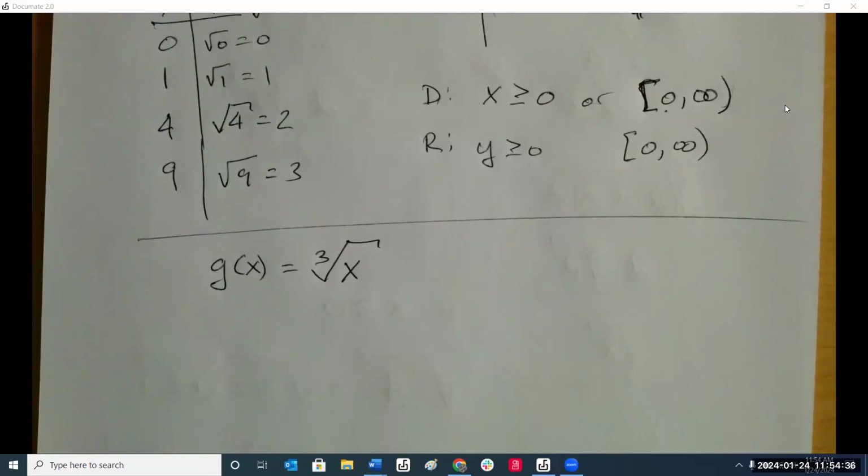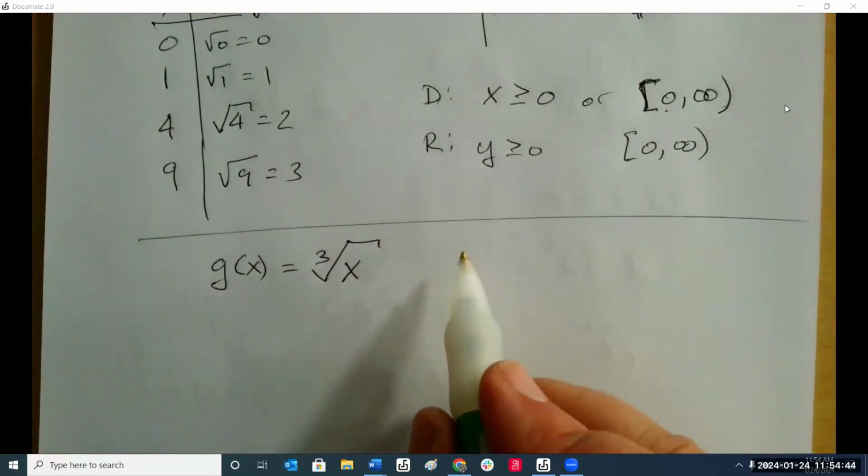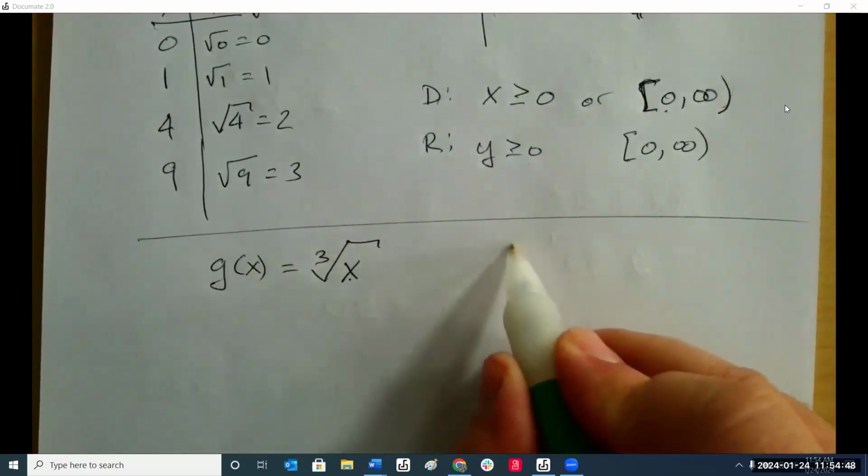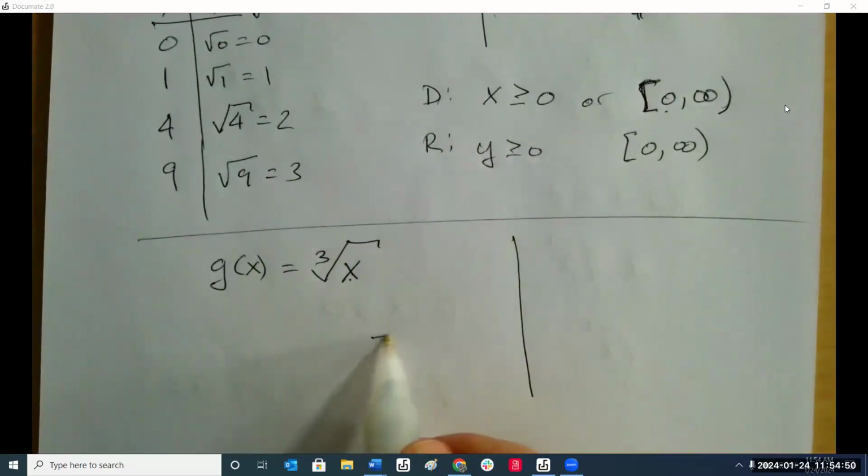How about the cube root function? Yeah, our domain and range, because we can put negatives in there, we can put 0 and positive. So let's look at the graph.